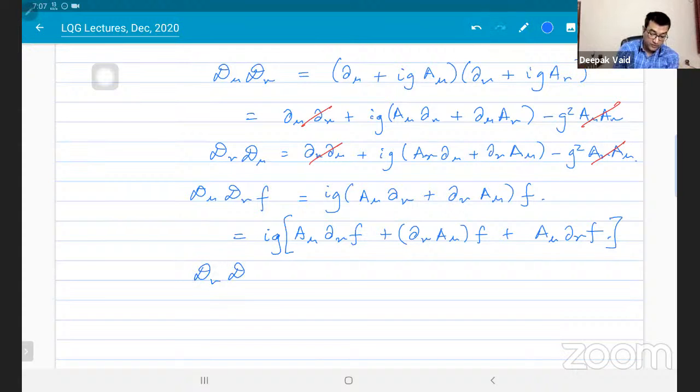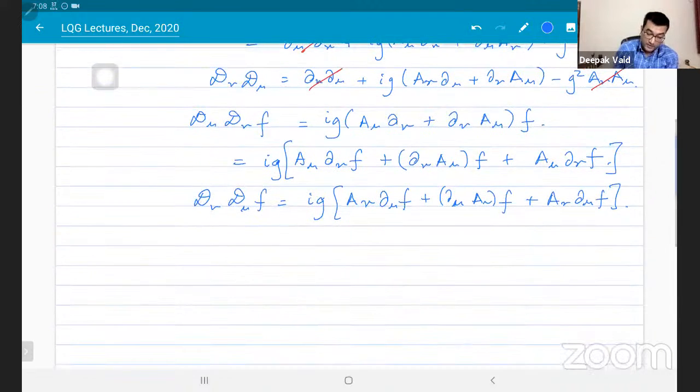Then similarly, if I look at the anti-symmetrized version, again it will have the same behavior, and I'll get A nu d nu f plus d nu A nu f plus, anyways, I'm making some mistake somewhere.